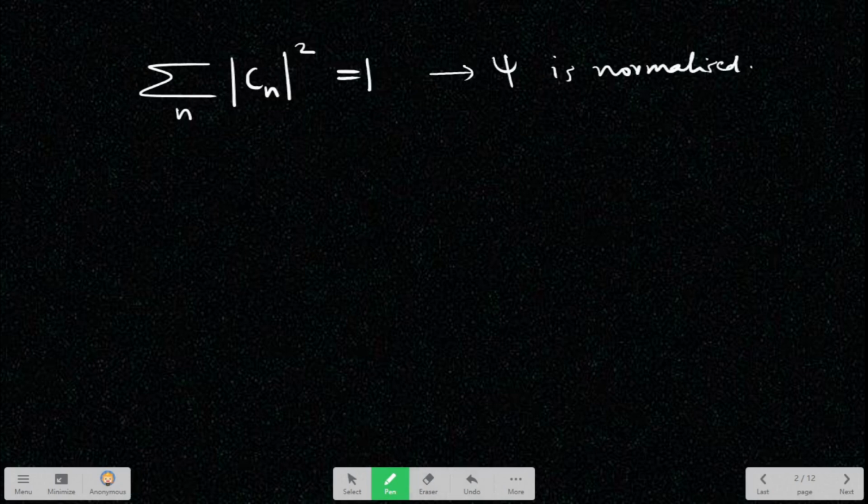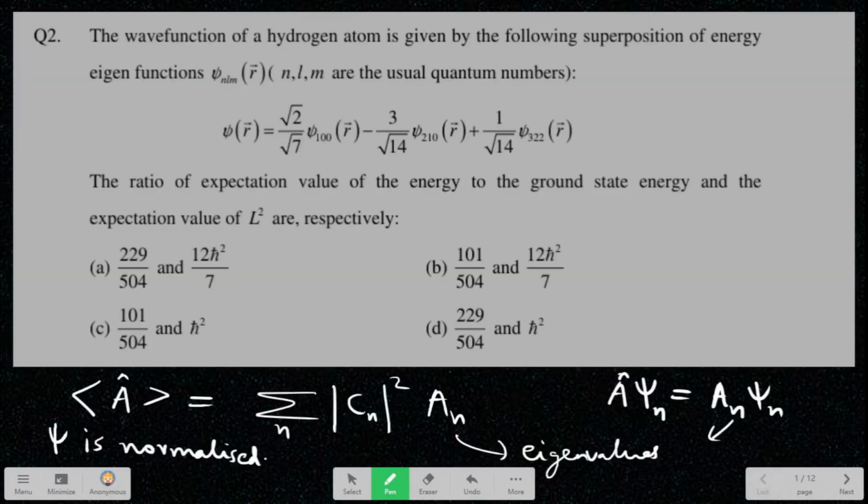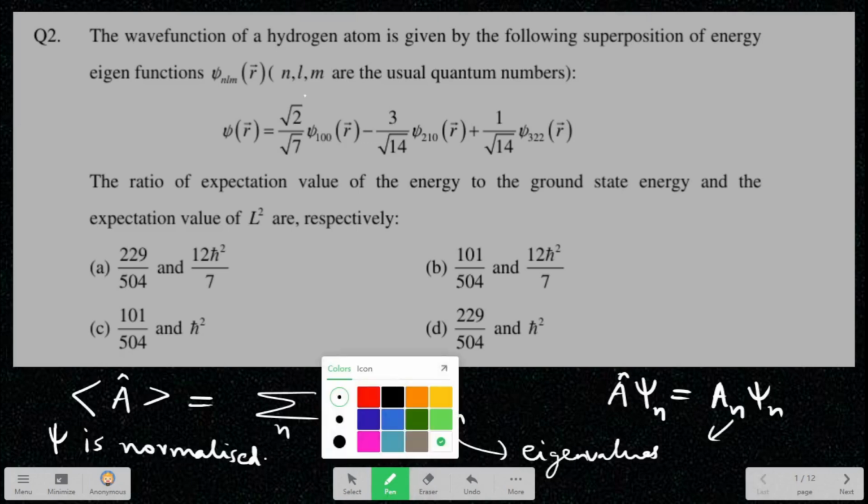So in the given question, C1 is root 2 by root 7, C2 is minus 3 by root 14, and C3 is 1 by root 14.